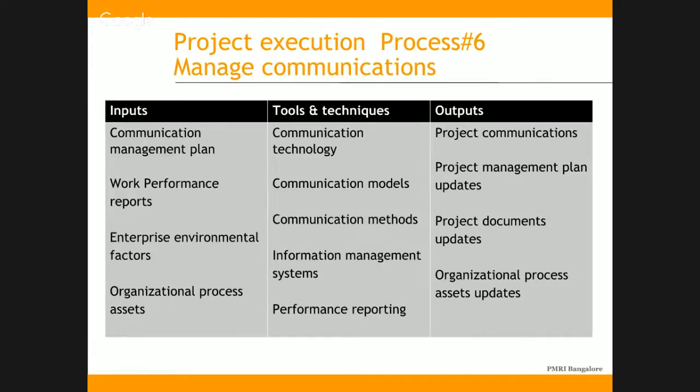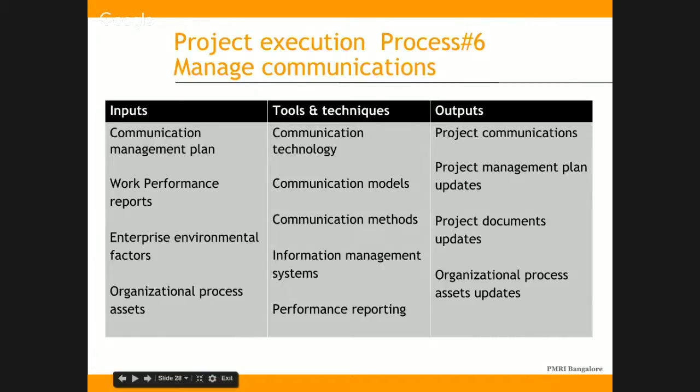So push and pull are some of the examples of communication models. And communication methods could be email, written communication, verbal communication, face-to-face communication, or communication over video. Those are examples of communication methods.